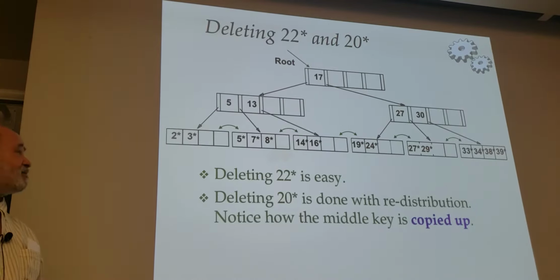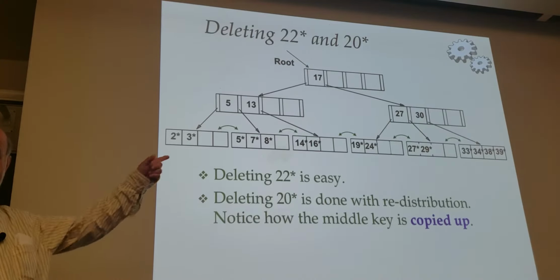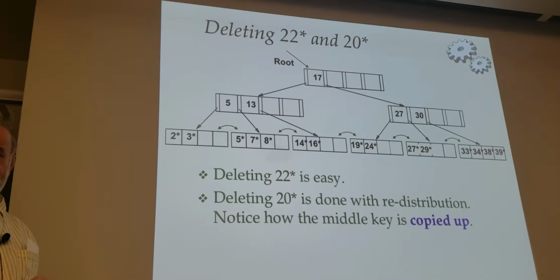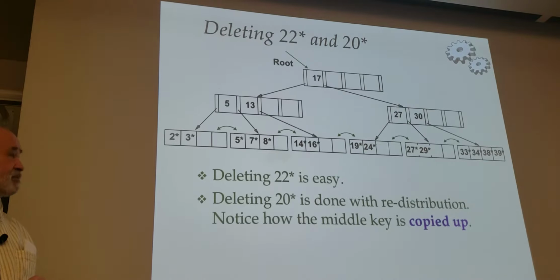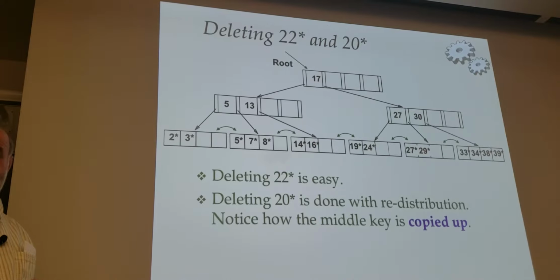Because when the 24 got moved over, the leftmost value inside the sibling became 27. So the things less than 27 are on the left, the things greater or equal to 27 are on the right. Everybody cool? And notice how the middle key again got copied up, replacing the 24 with the 27.